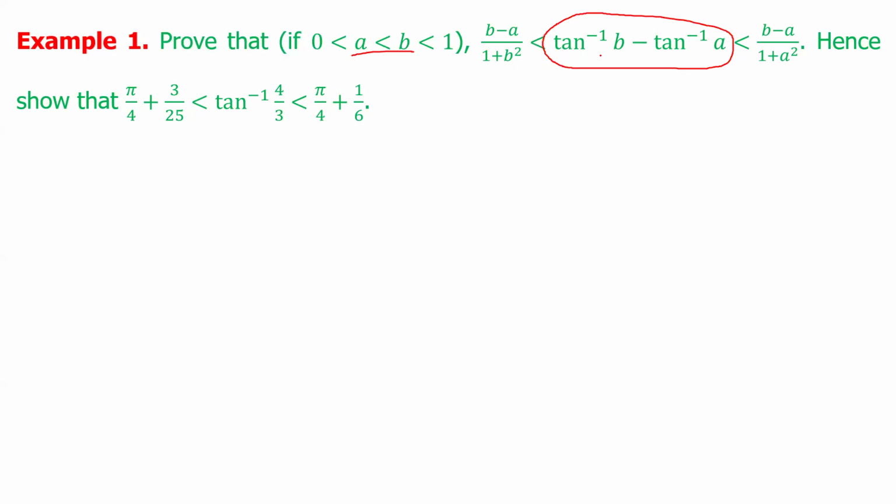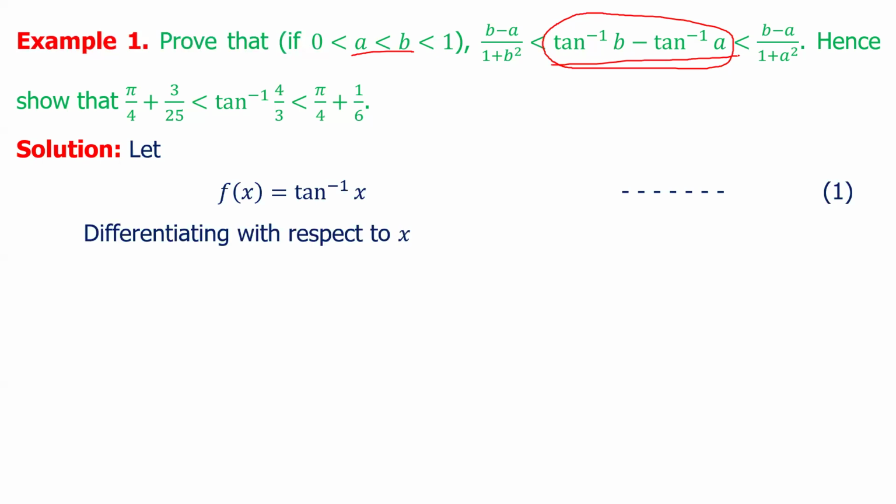So tan inverse of b minus tan inverse of a is the part of the values of the function at the upper limit as well as the lower limit. So let f(x) be equal to tan inverse of x. How are we able to recognize f(x) is tan inverse of x? Because of this tan inverse of b minus tan inverse of a.